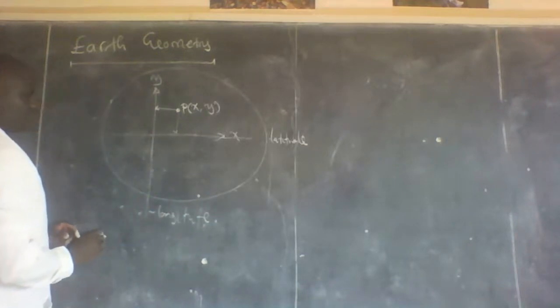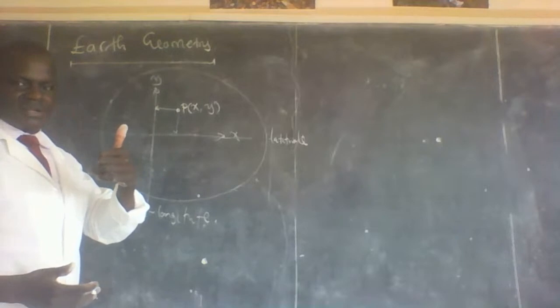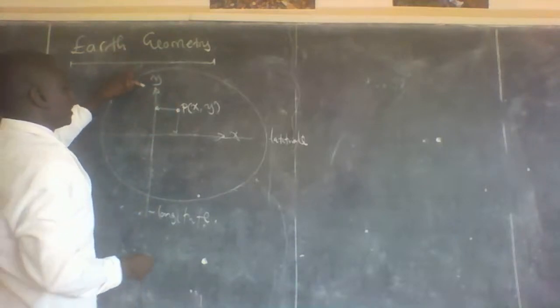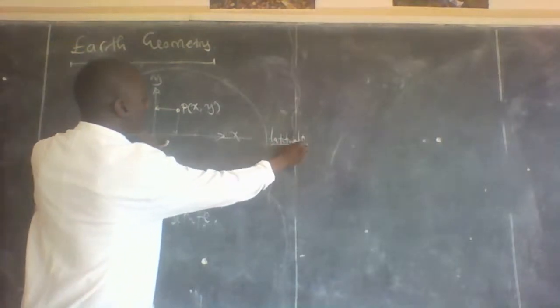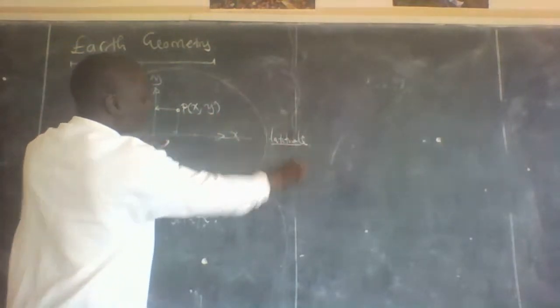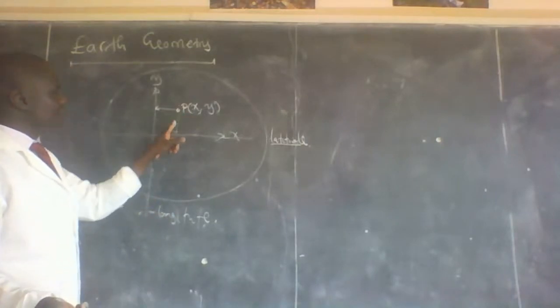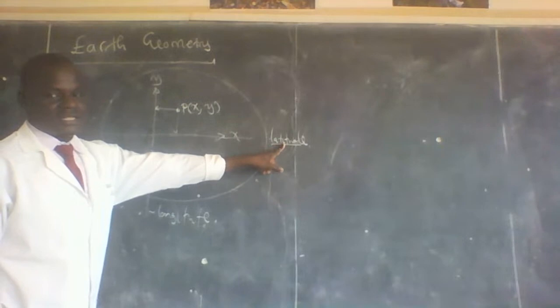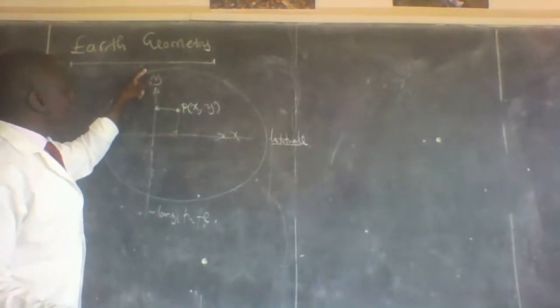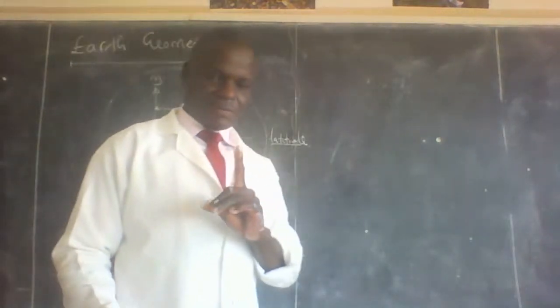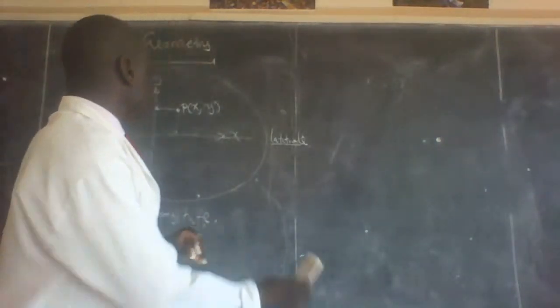So a point on the globe is denoted by latitude, comma, longitude, just like the x-y plane. We say this point is denoted by the x, latitude, comma, the y, which is represented by the longitude. So that is the principle that we need to borrow.